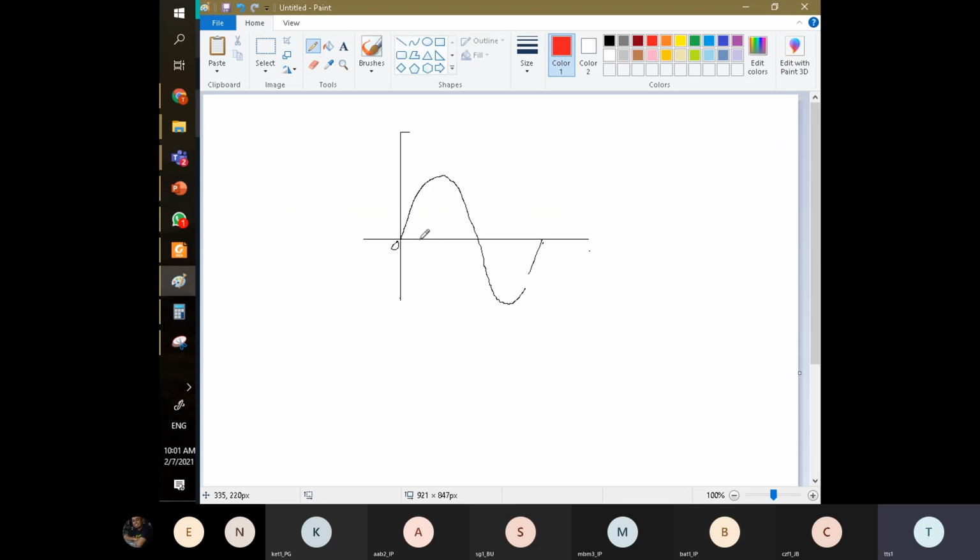You can see the current will be slowing down, will be lagging. This is called lagging, a delay.